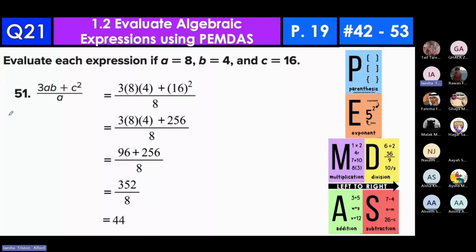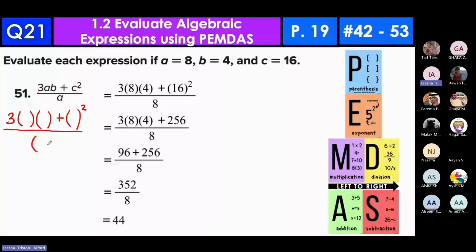Number 51, 3, parentheses for the A, parentheses for the B, plus the C, you have parentheses, the 2, put it up. The fraction bar, and then the A, you have parentheses again.